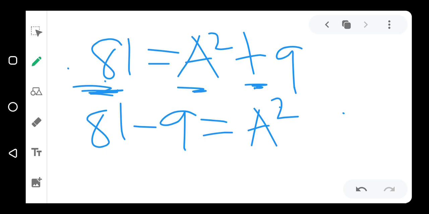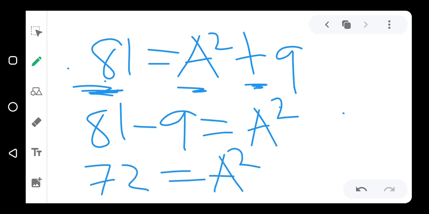Now this means that 81 minus 9 is 72. So we have 72 is equal to a squared. Now we clear this square by taking it to this side. When a square crosses the equal sign, it turns to square root.